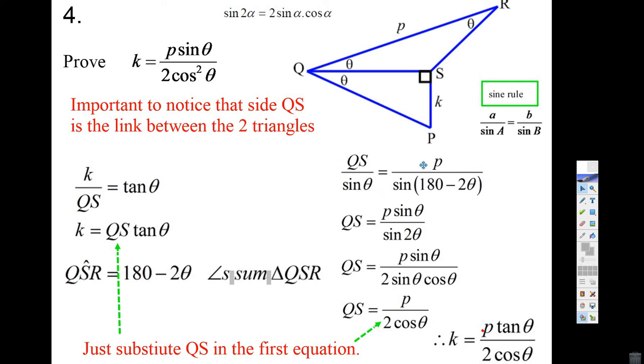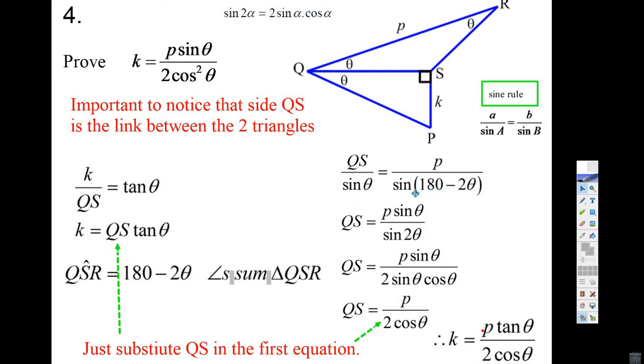Well, that's a big mark there for setting up that ratio. Now we want to figure out QS. Remember I told you QS is the key? We want to get QS by itself. We multiply by P sine theta, and look at that, P sine theta, that's what we're trying to get anyway.